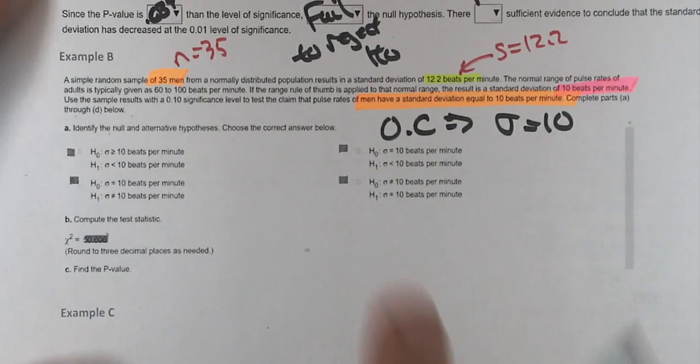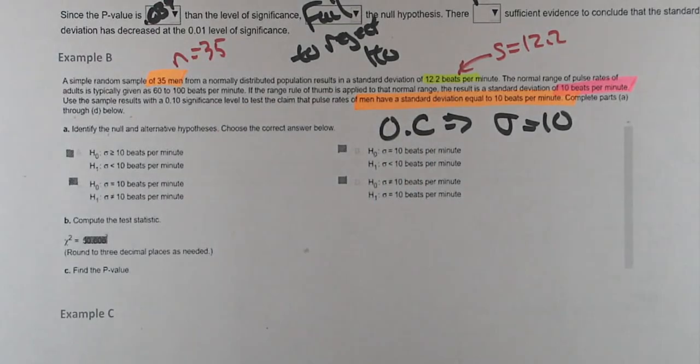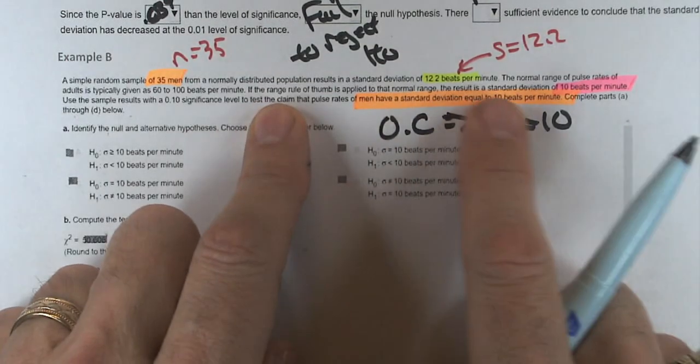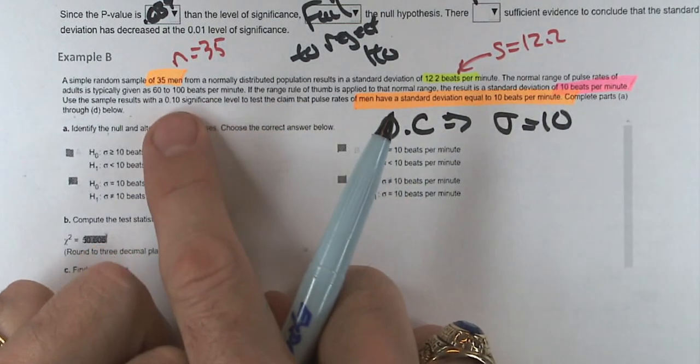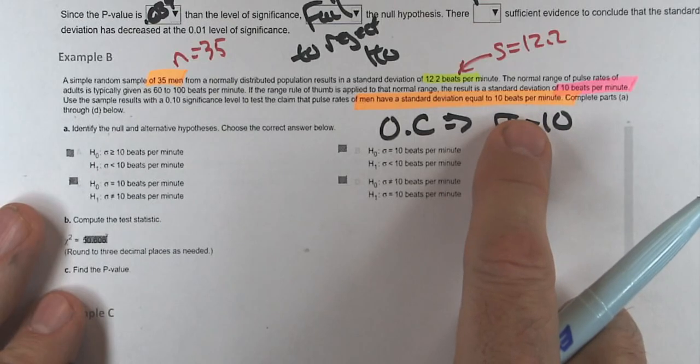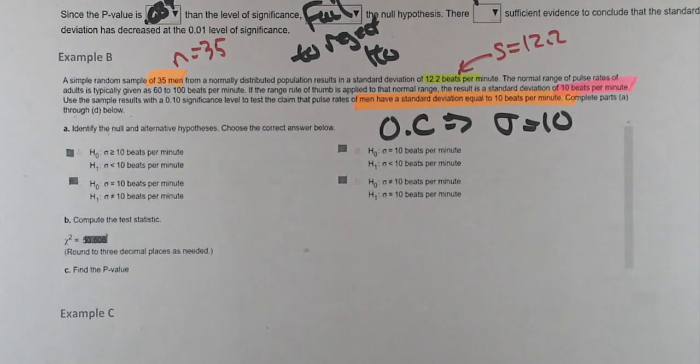The next part of it is a little awkward because they say, let's use the range rule of thumb to come up with an approximation for the standard deviation, and that results in a standard deviation of 10. And then they say, all right, let's test the hypothesis based on the 10. It's not my favorite problem, but I think there's one like it in the homework, so I just want you to be aware of that. Well, thank you.